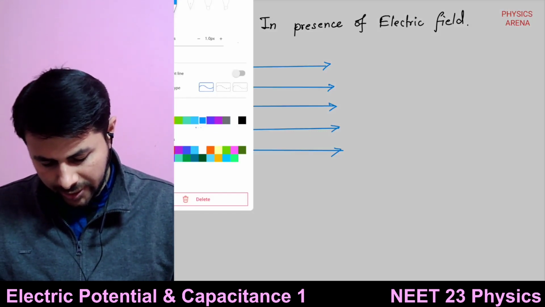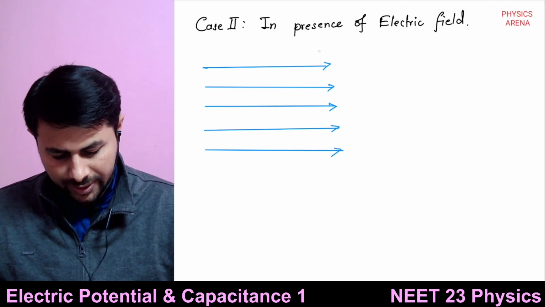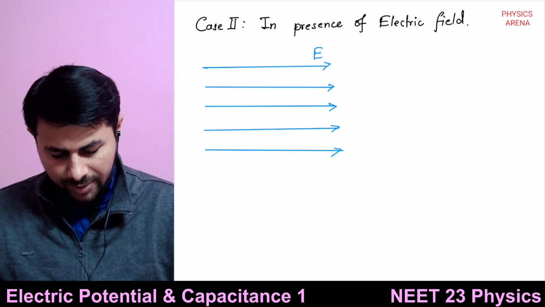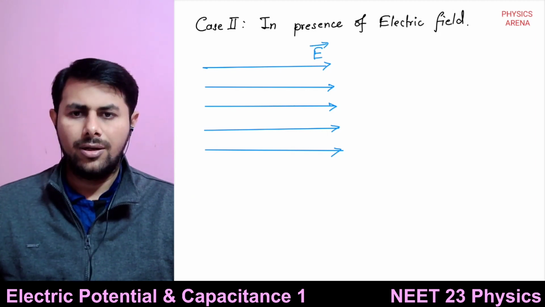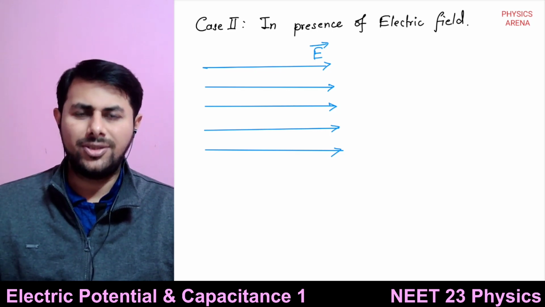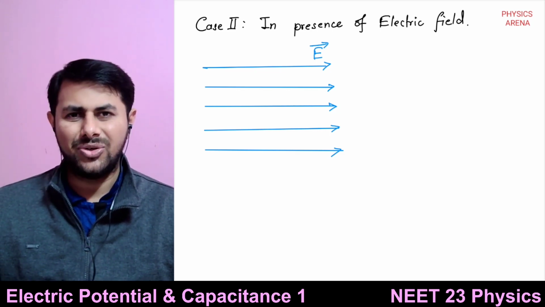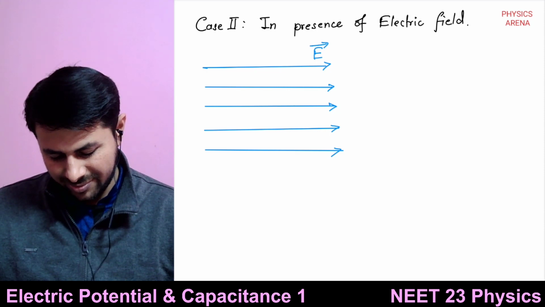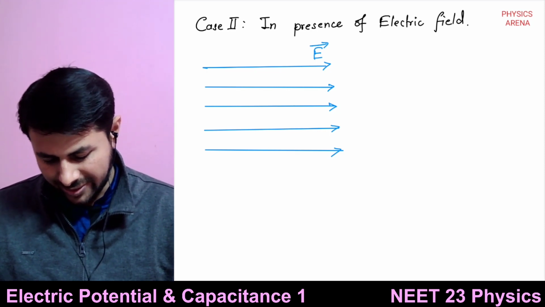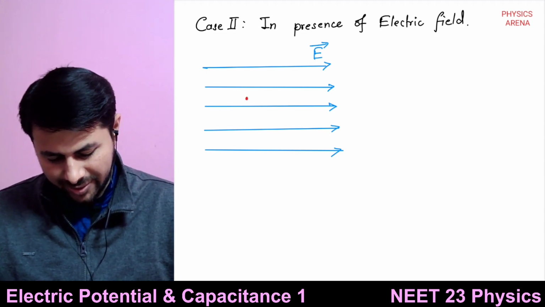So suppose this electric field is present in this region. Let's call it E bar. And now you bring the first charge from infinity and you keep it somewhere. You keep it here, let's say.